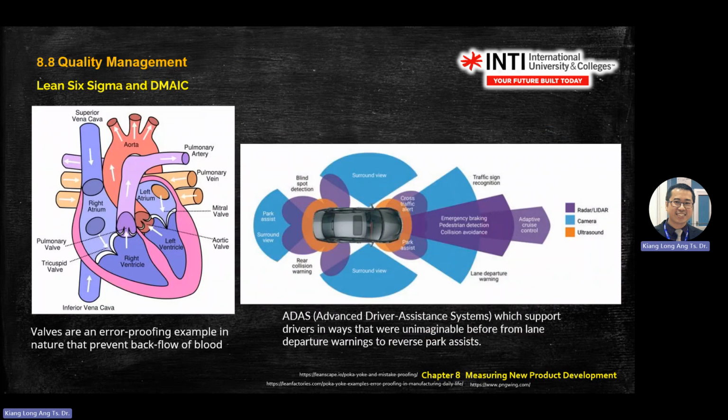Your heart actually is a natural Poka-yoke design. The blood can only go in one direction. It cannot reverse back. Okay, so remember that your body is actually one of the best designs, especially your heart. And nowadays you have Poka-yoke in all the sensors in smart cars.